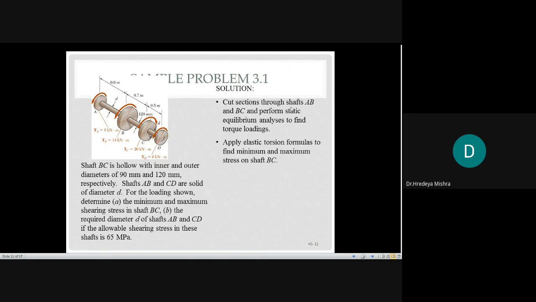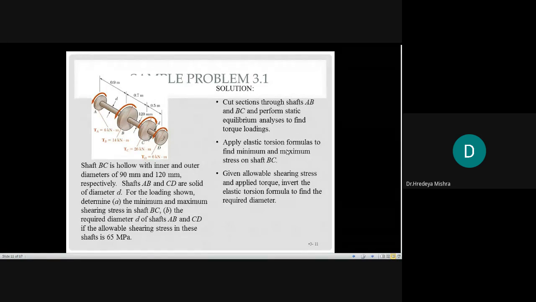Apply the elastic torsion formula to find the maximum and minimum stresses. So the elastic torsion formula we can apply, and we get the allowable shear stresses at the applied torque.